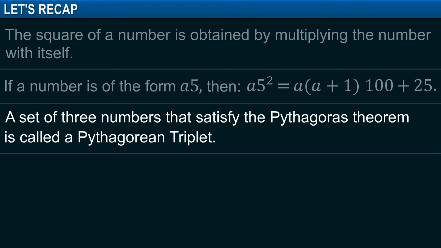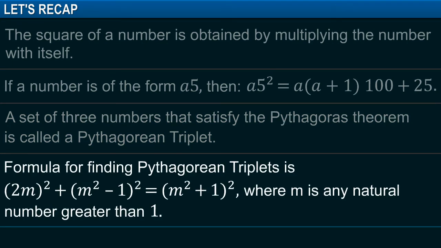A set of three numbers that satisfy the Pythagoras theorem is called a Pythagorean triplet. Formula for finding Pythagorean triplets is (2m) whole square plus (m square minus 1) whole square is equal to (m square plus 1) whole square, where m is any natural number greater than 1.